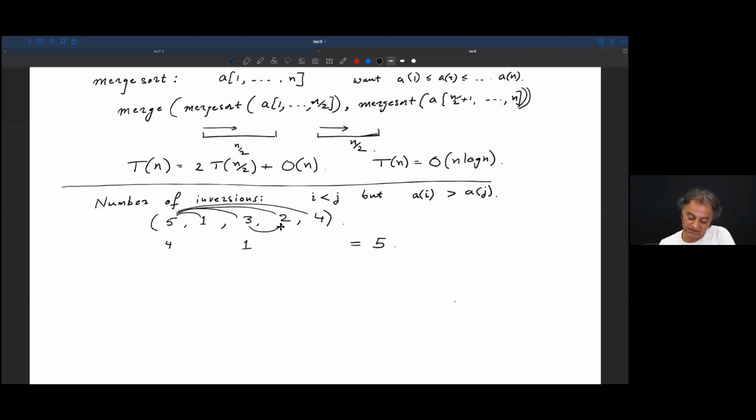But the other reason is that if you're given an ordering of two different lists, say you rank all your favorite basketball players, and your friend has a different ranking of the players, and you want to say how similar are your lists, well, one way to put a number on it is to ask how many inversions there are between these two lists.